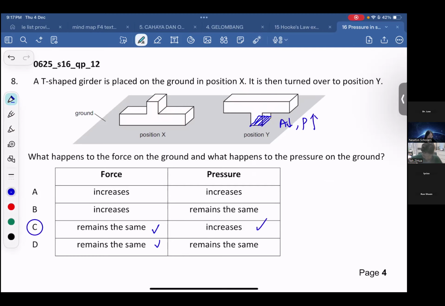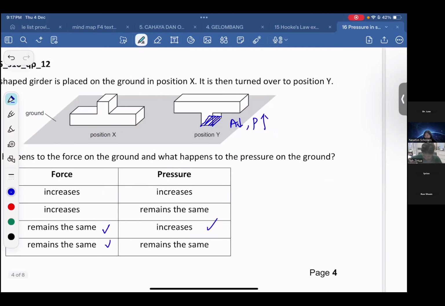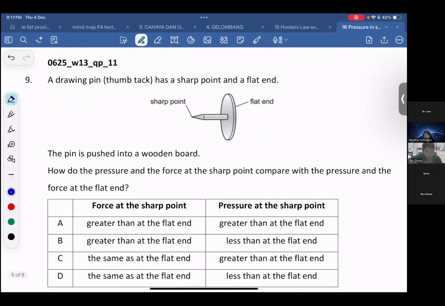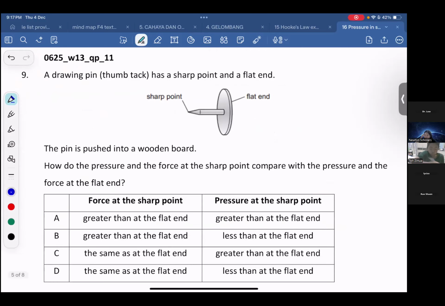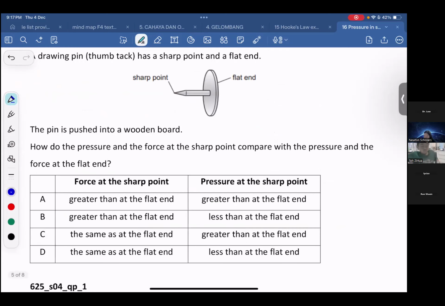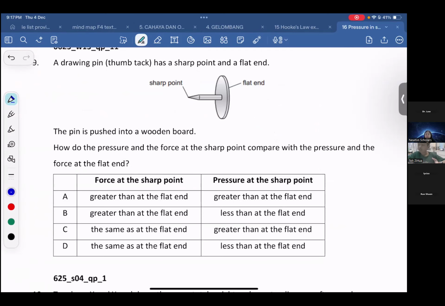Okay, we go to the next page, page 5. Drawing pin, sharp point and flat point. Can you tell me A, B, C, D? What happened to the force at the sharp point? What happened to the pressure at the sharp point?